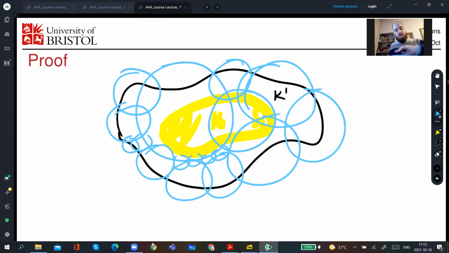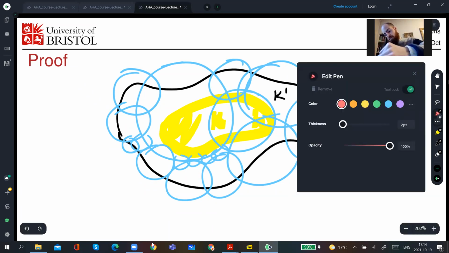And now in our picture, all we've done so far is we've discarded this black body and this yellow sub body of it. And we're just left with this collection of balls, and their overlapping collection of balls. What the greedy algorithm tells us to do is identify the biggest ball. That'll be this one.